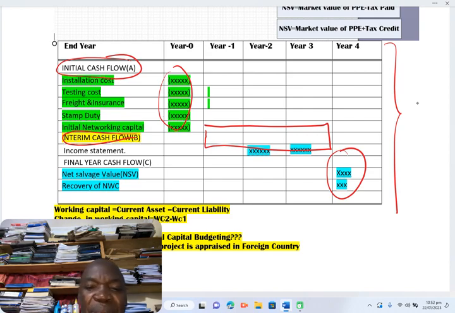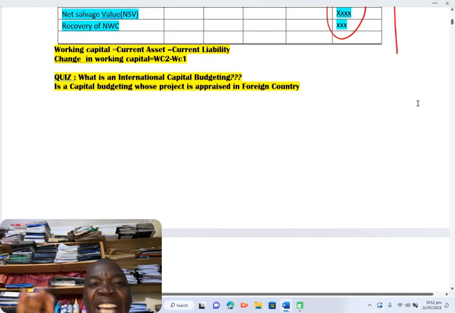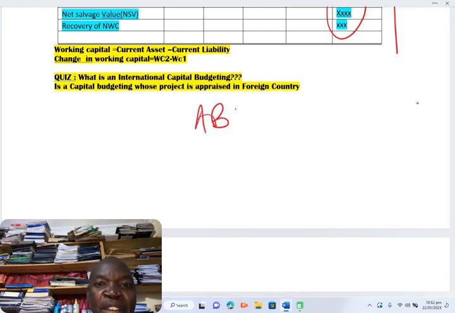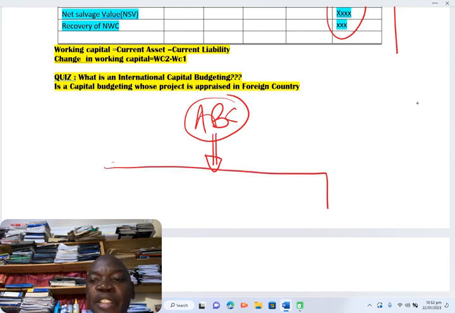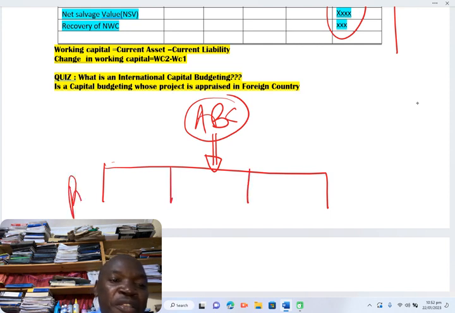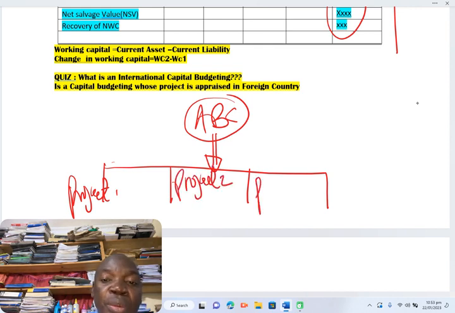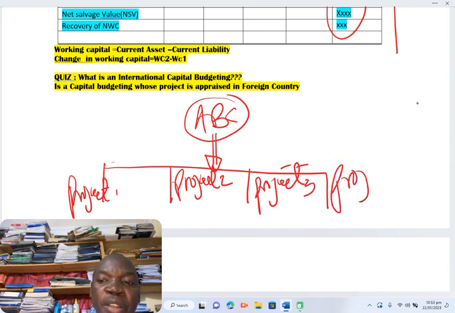Now a problem is, if a company has several projects, say A, B, C, in different regions, say project 1, project 2, project 3, and project 4.